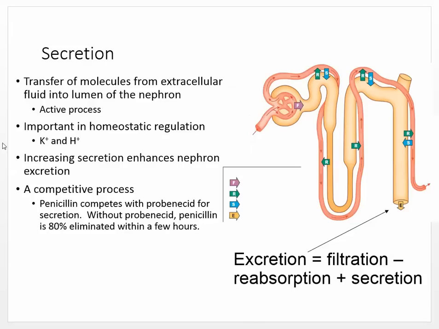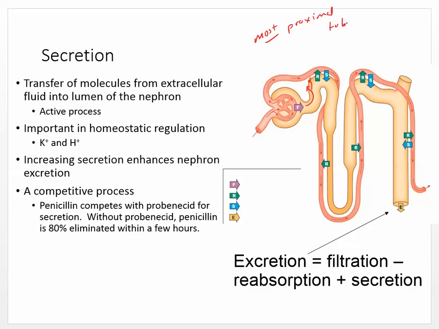Okay, all right, so one thing we haven't talked about yet, the last thing besides excretion, is secretion. Now we see that there's reabsorption that takes place, and most reabsorption takes place in the proximal tubule. But something else takes place all the way along.